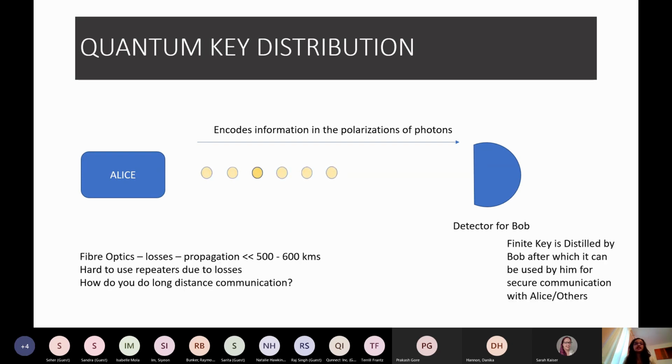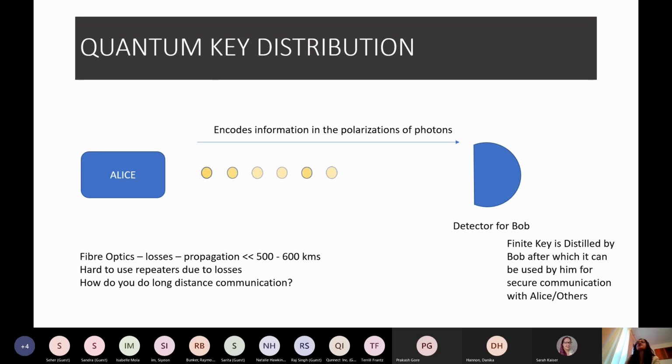There are various ways of sending this information. Some people use fiber. So fiber-based QKD has already become commercial, with many different companies focusing on it. But with fiber optics, there are a lot of losses. The maximum propagation with fiber is 500 to 600 kilometers. So these are not very practical to be used for long distance communication.